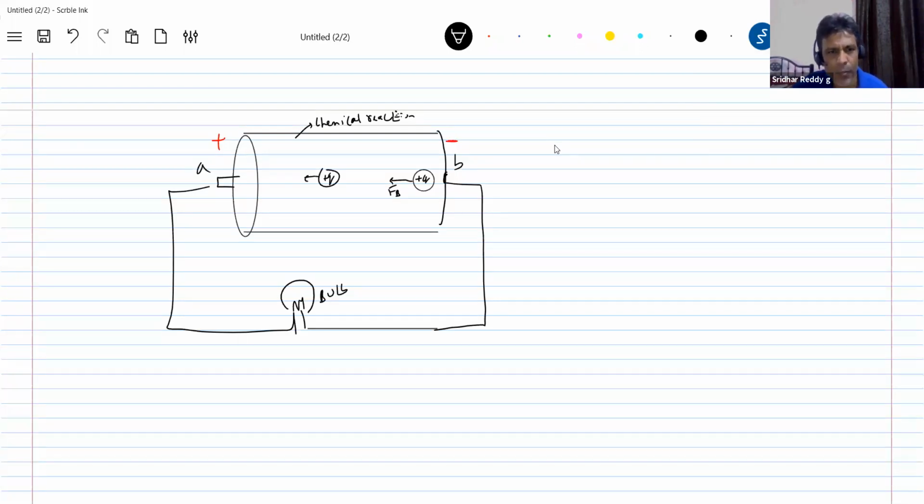So that would happen here, VA greater than VB, no? And there's a path, there's a wire. So if you leave a charge, the positive charge wants to move from higher to lower potential. So this positive charge now starts moving.